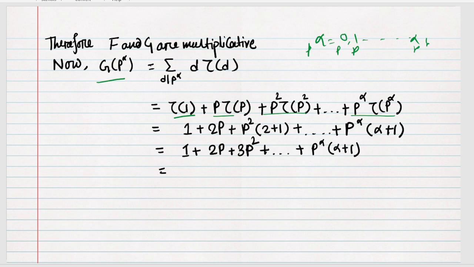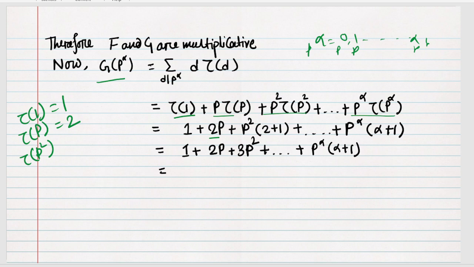We know that tau of 1 is always 1, and tau of a prime is always 2. Tau of p squared is nothing but the number of divisors of p squared.